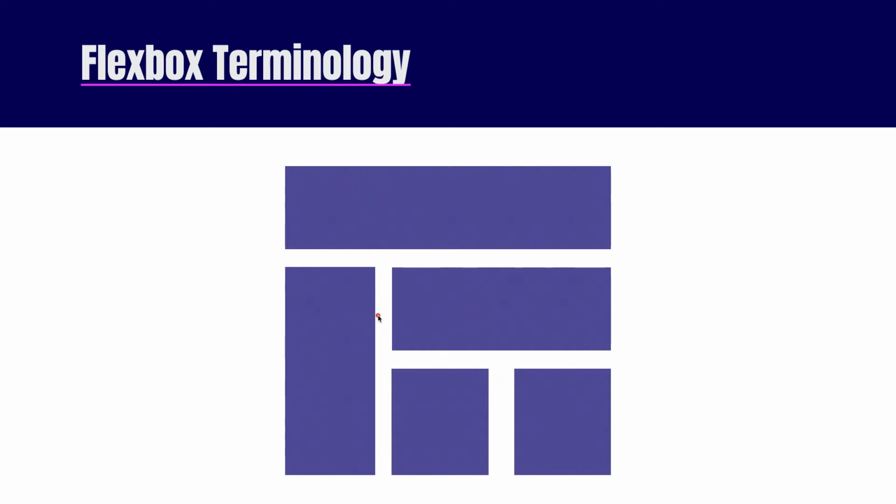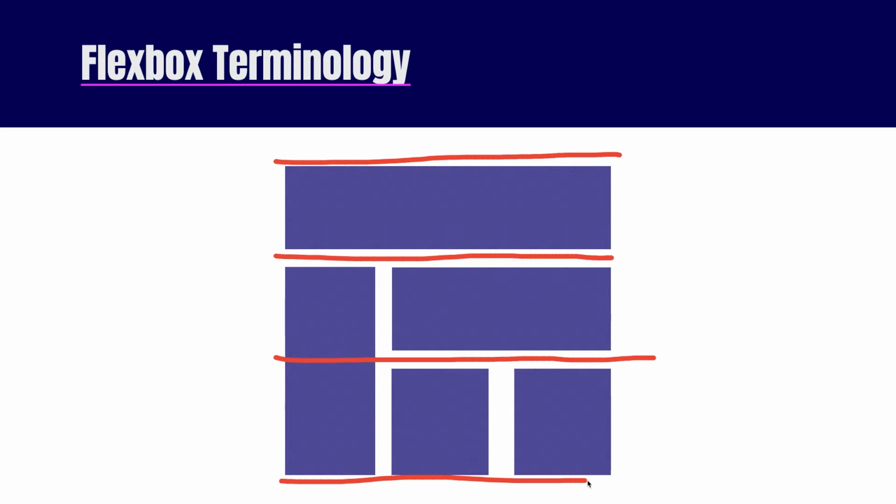Another important concept of grid are called grid tracks, which are lines between all of the rows and columns. So for the rows, it actually starts up at the top here, and then it'll go between each one of these. Now, at the very top, this starts as track 1, track 2, track 3, and track 4 for your rows.